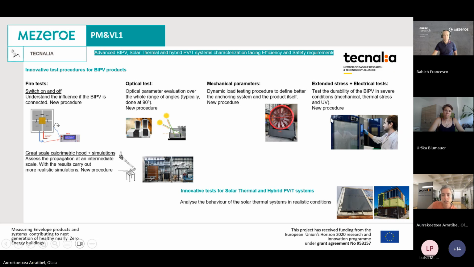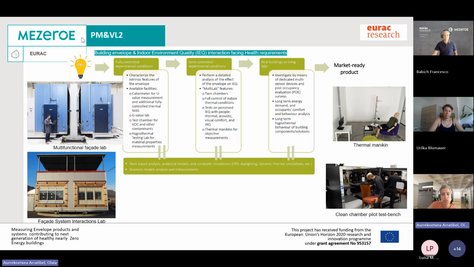Then pilot measurement and verification line 2, which is managed by a partner in Italy. They offer fully controlled and semi-controlled experimental environment conditions, and they also assess in the living labs section.